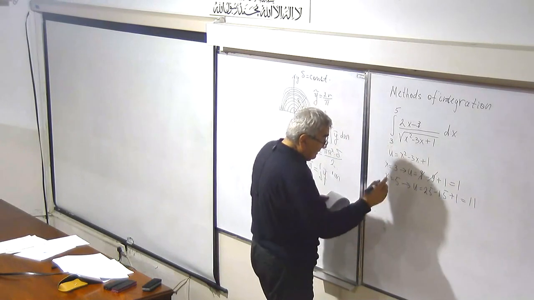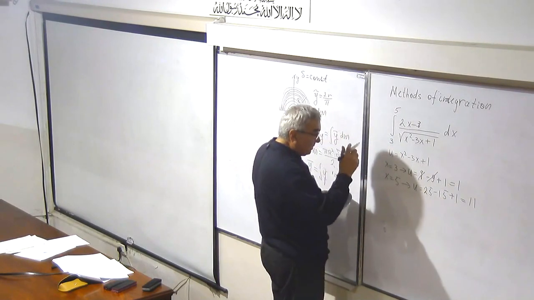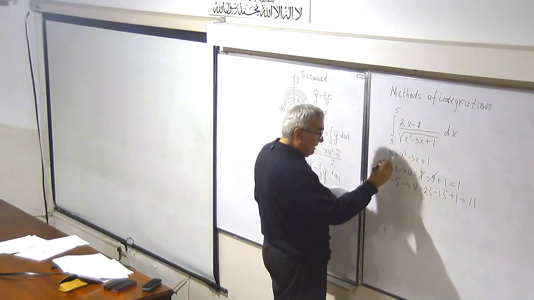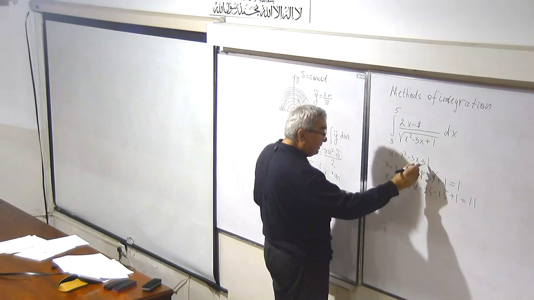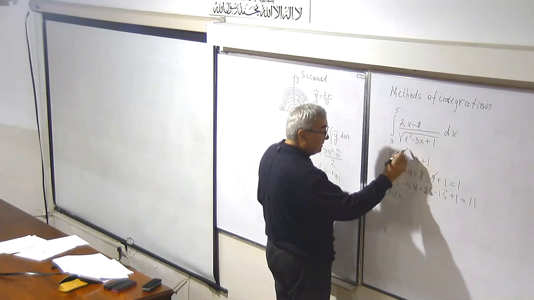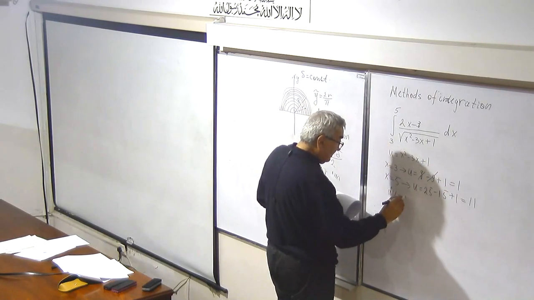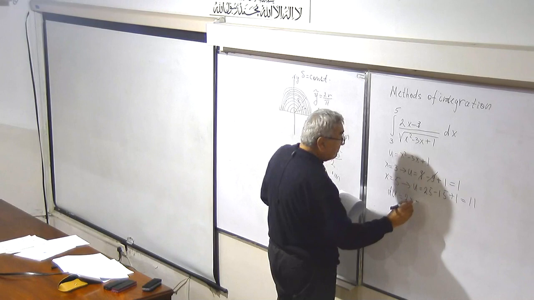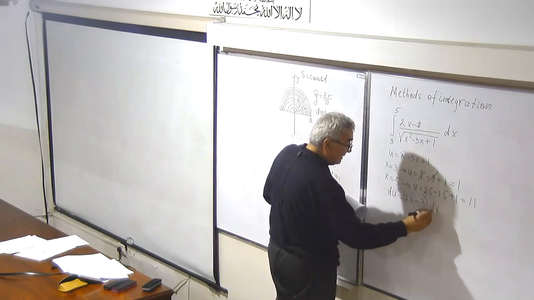Now I make the substitution using this variable. Let us calculate what du will be. Du should be the derivative of this function multiplied by dx. That means there will be 2x minus 3 and dx.